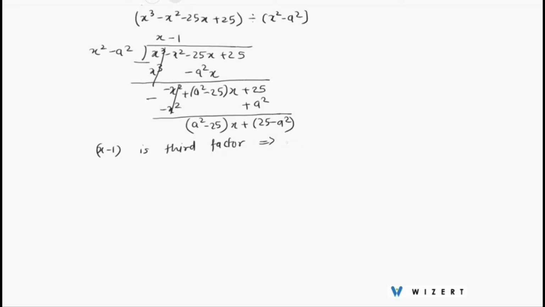Therefore, x equal to 1 is the third zero of f(x). Now the remainder has to be 0.